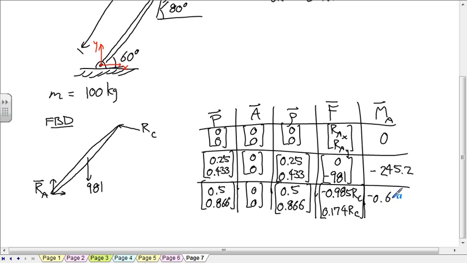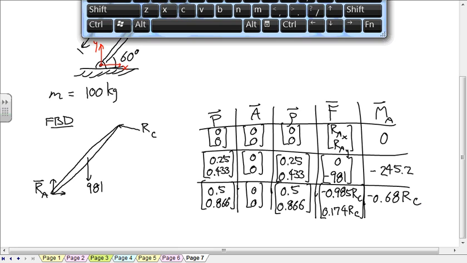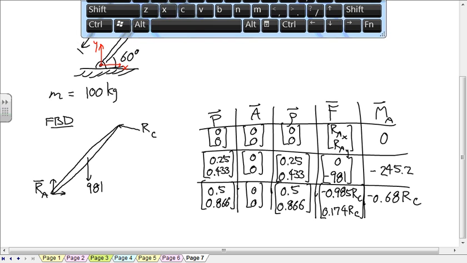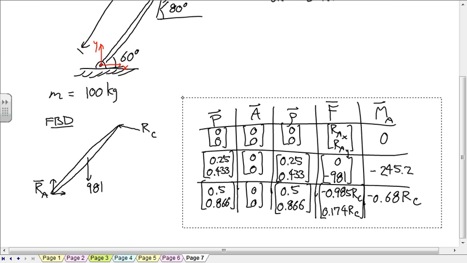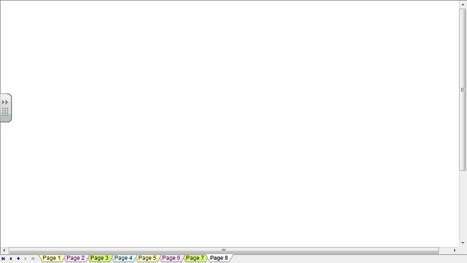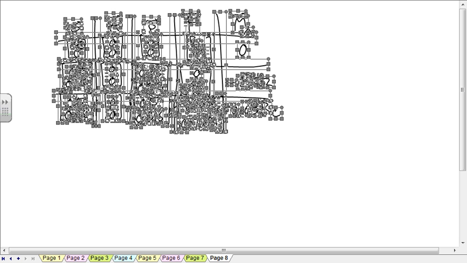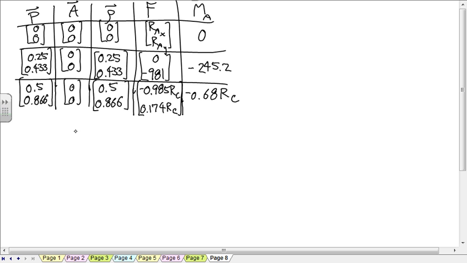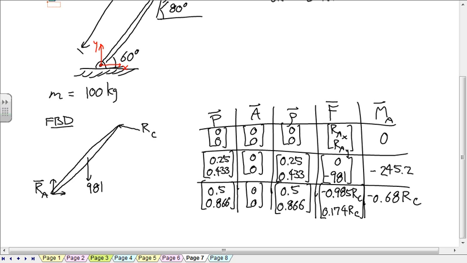Negative 0.68 RC. Okay, thanks. Oh, really? 0.94.